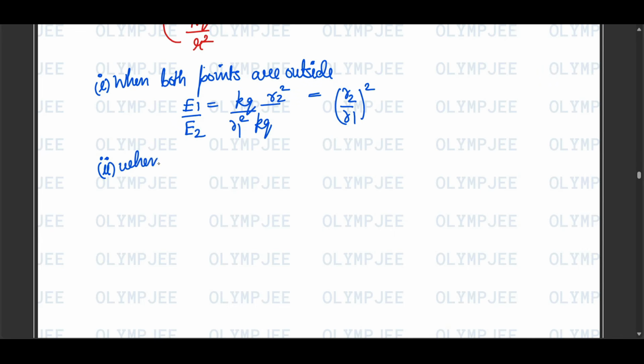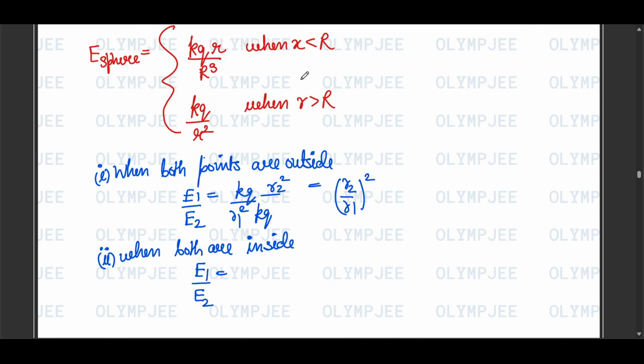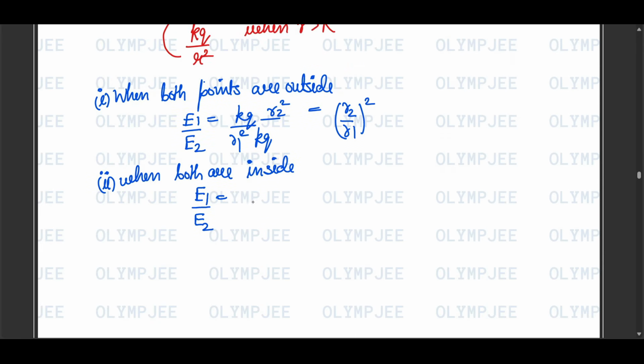When both points are inside, so we will use the inside formula, which is this one, when x is less than r. So this will be kq r1 by r cube divided by kq r2 by r cube.